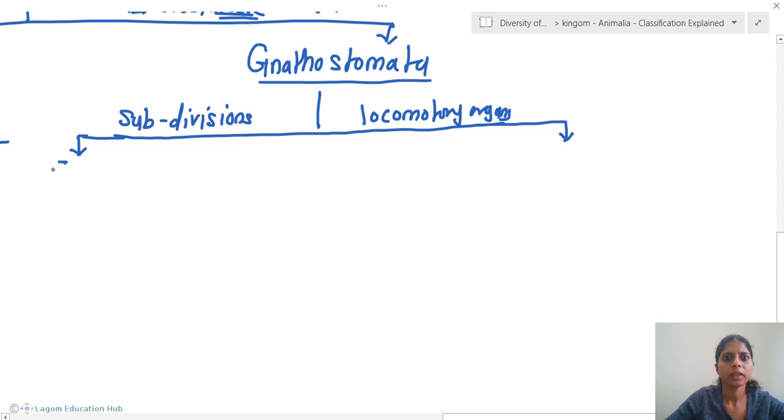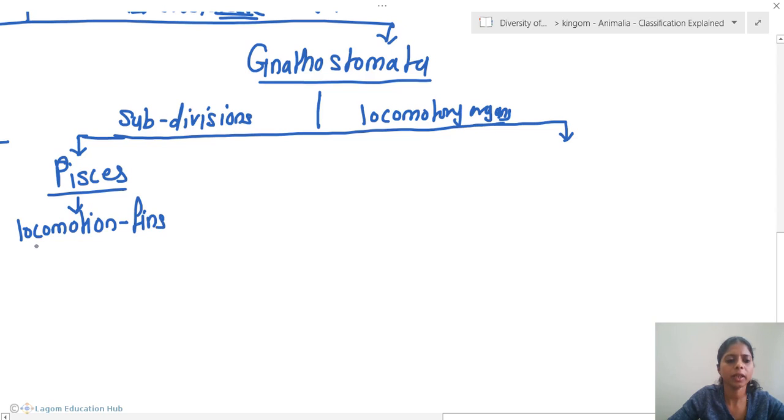The animals which are having fins as locomotory organs are called Pisces. Pisces is nothing but fish. So here, locomotion by fins. On the other hand, animals with 4 legs, like we are having 2 hands and 2 feet.